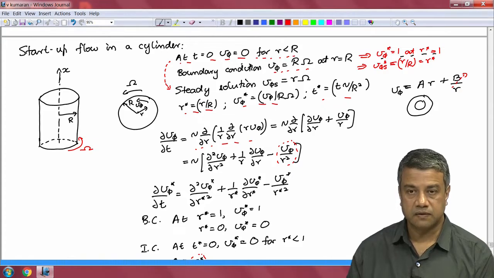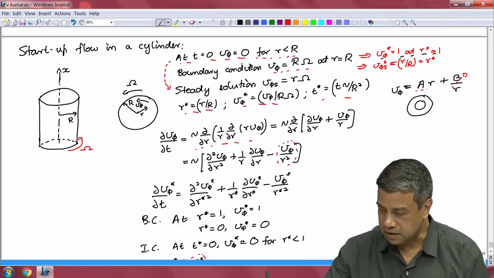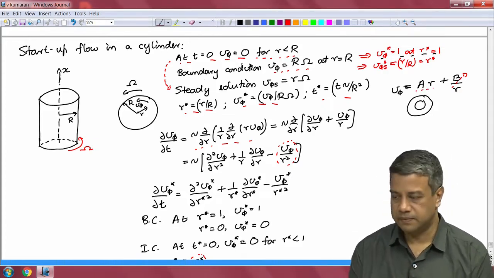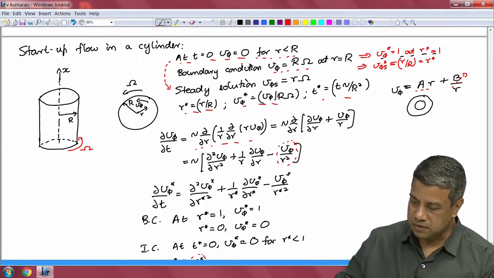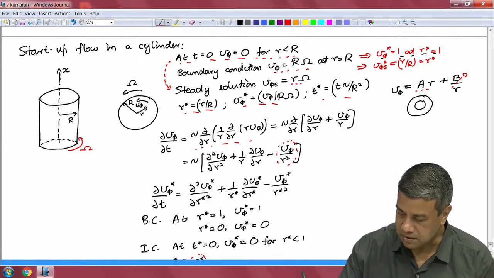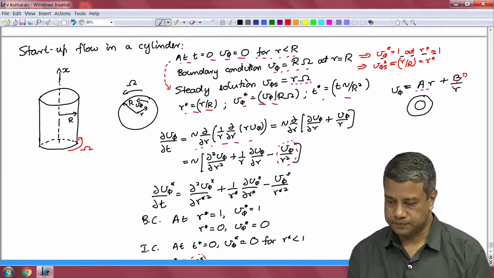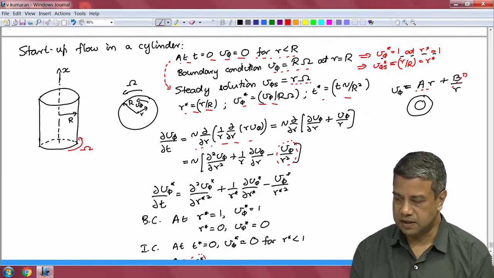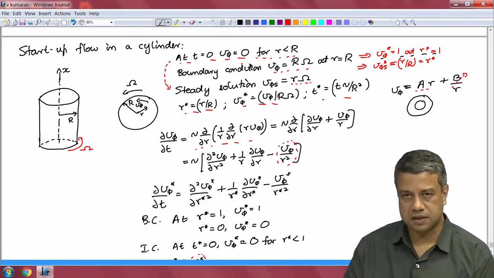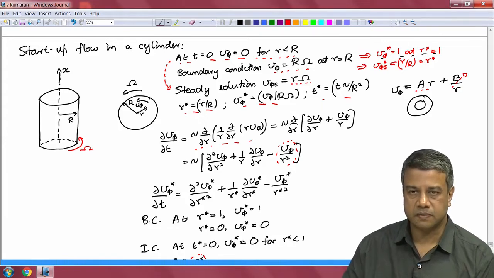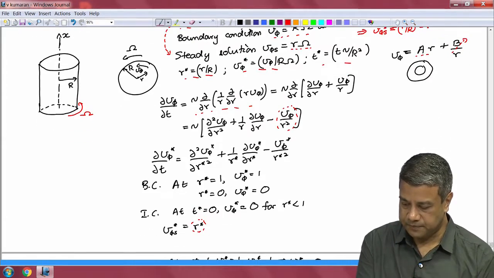Therefore, v phi has to be a linearly increasing function of r. That linear function has to satisfy the boundary condition, and therefore, the steady solution is just r times omega. Or in scaled coordinates, the steady solution is r star, where r star is the radius divided by the radius of the cylinder.